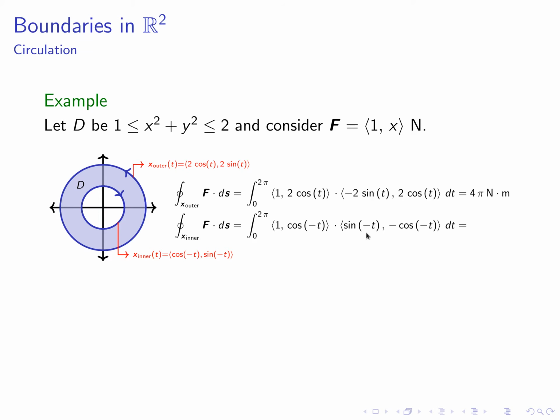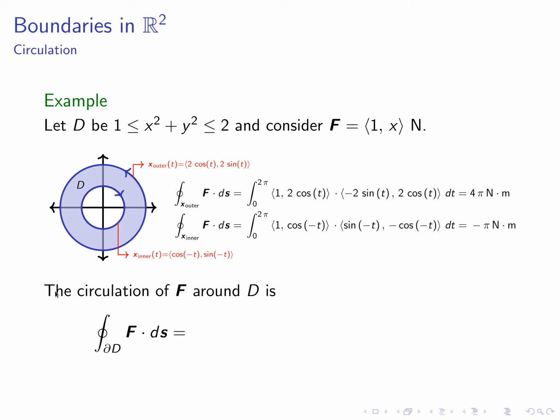Then we dot with the velocity vector for x sub inner, which is sine of negative t, negative cosine of negative t. When we take our dot product here and do the calculus, we end up with negative pi Newton meters. So I encourage you to go through and complete the calculus here just for practice. But the question now is, what do we do with these results?